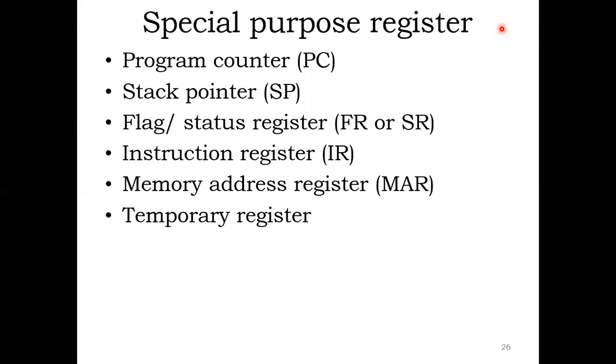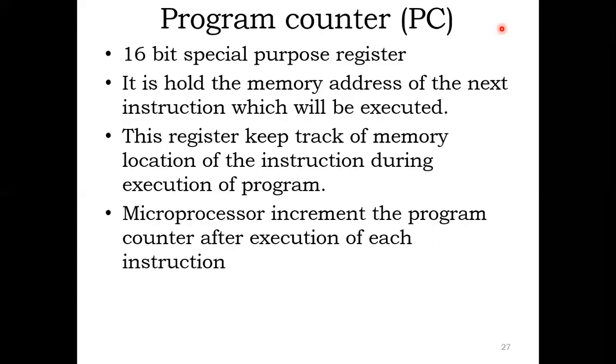Special purpose registers: program counter, stack pointer, flag status register, instruction register, memory address register, then temporary register. These are the special purpose registers. The program counter is a 16-bit special purpose register.